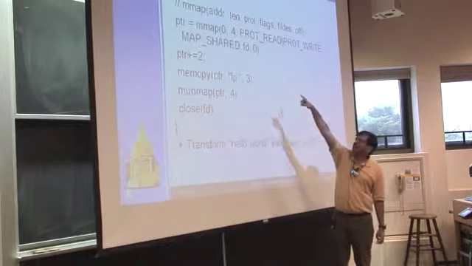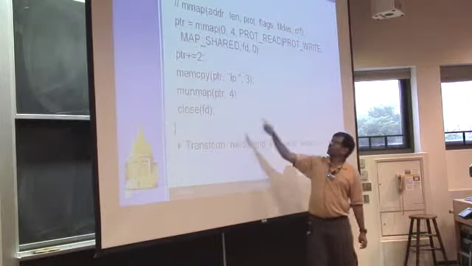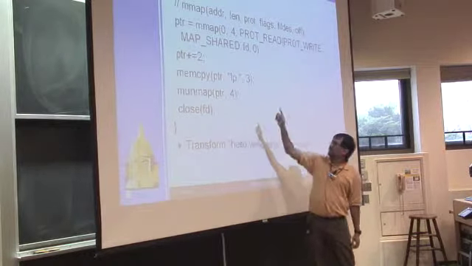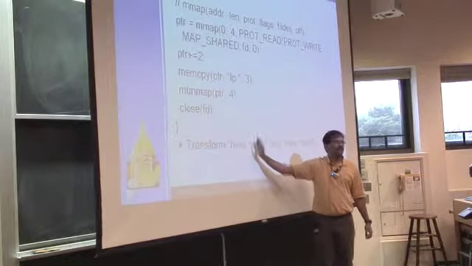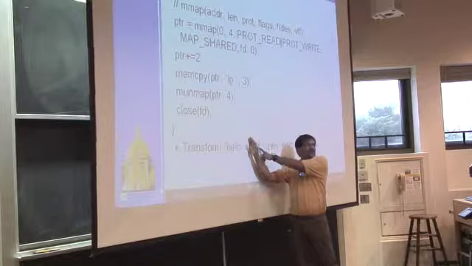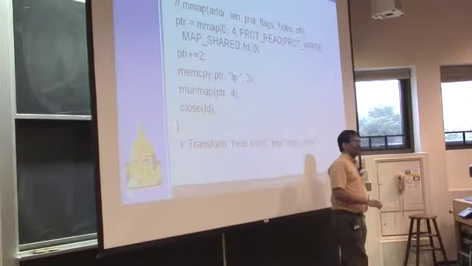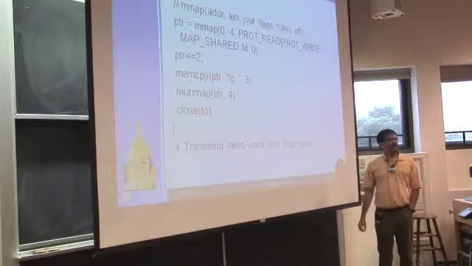Actually, there's a bug because I've tried to modify till here. Let's say I mapped from here to here into my program, and then in my program I tried to modify this D. What do you think would happen? What do you think should happen, or what may happen?